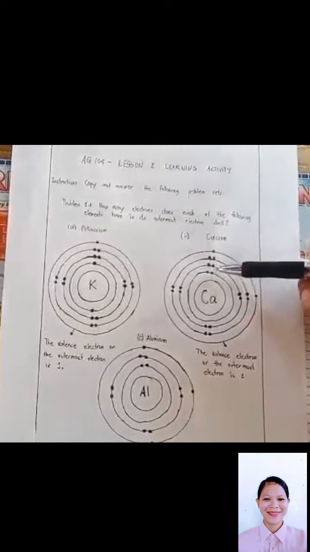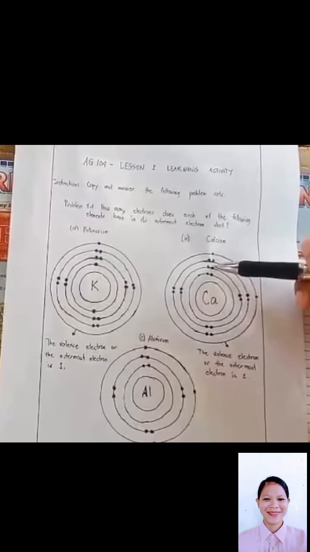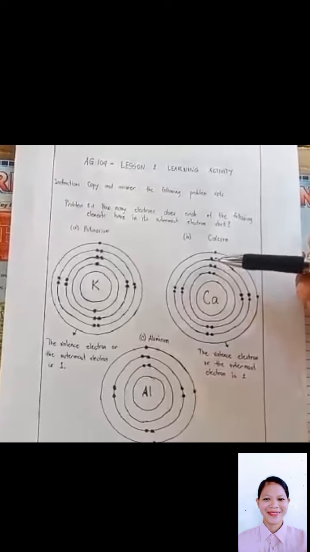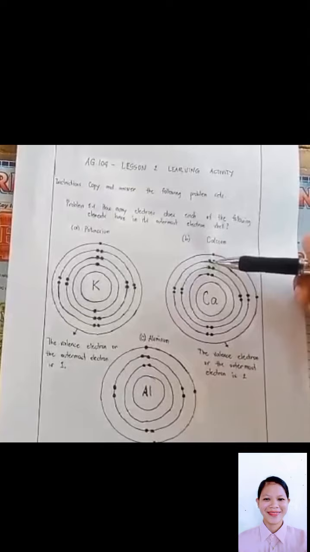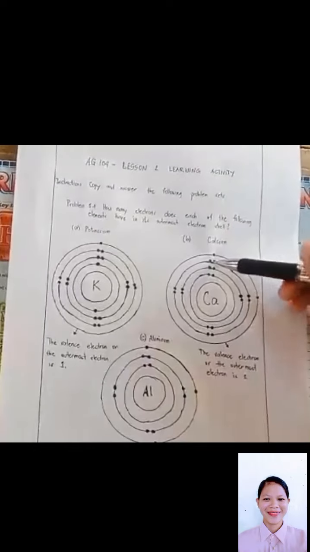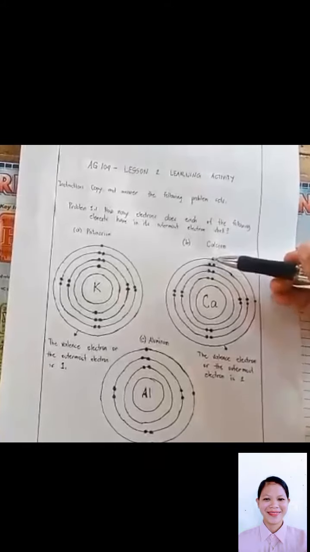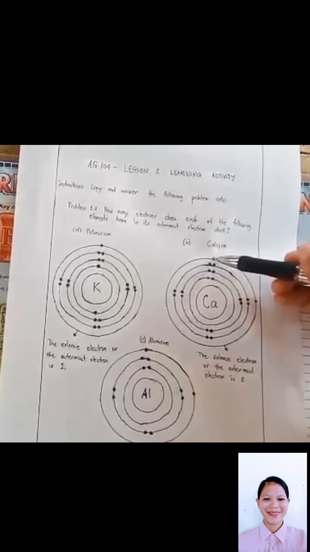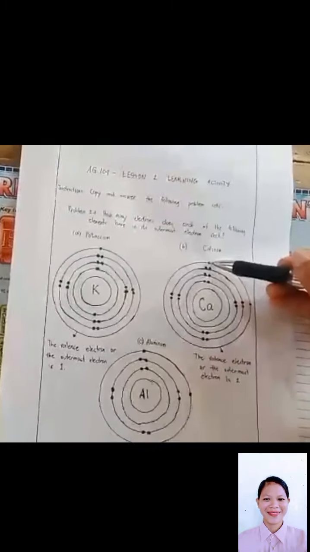The second ring can hold 8 electrons. The third ring can hold 8 electrons, and the fourth ring of calcium can hold 2 electrons, because the atomic number of calcium is 20.